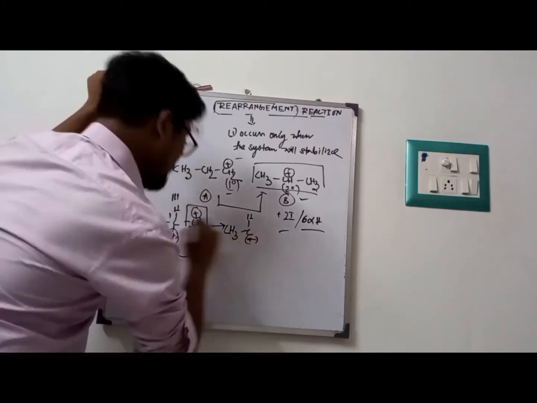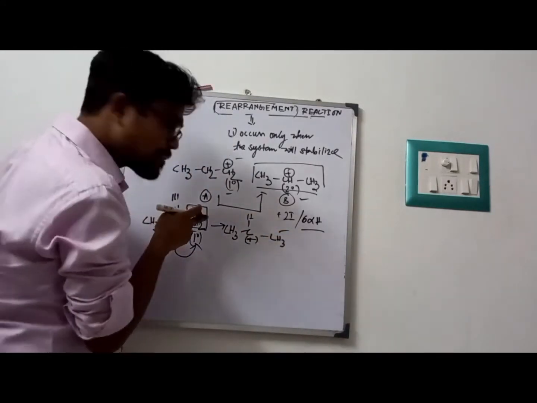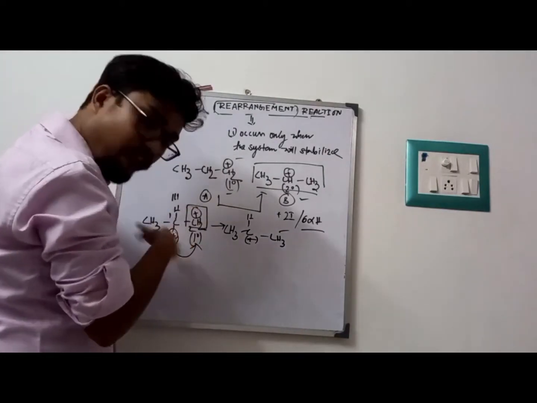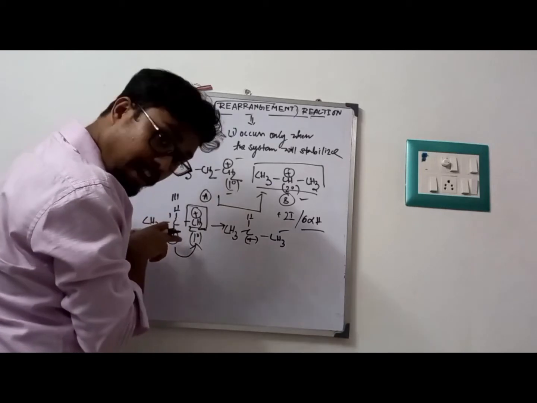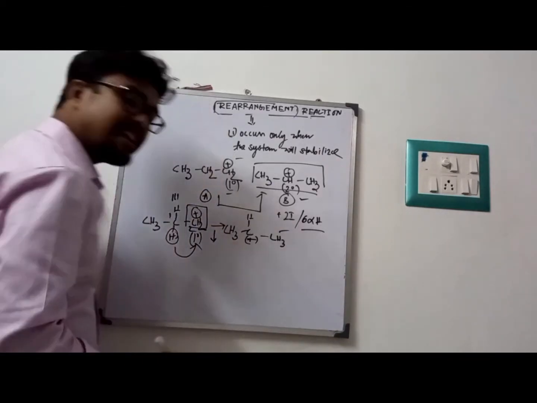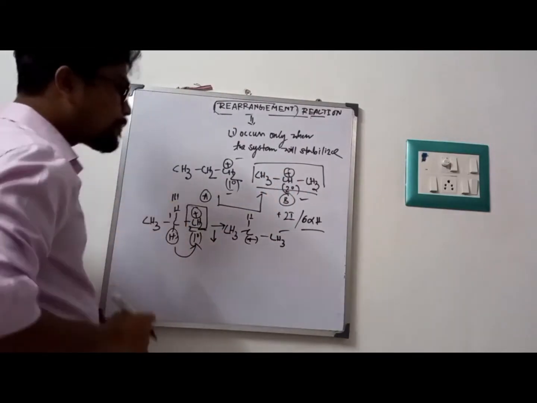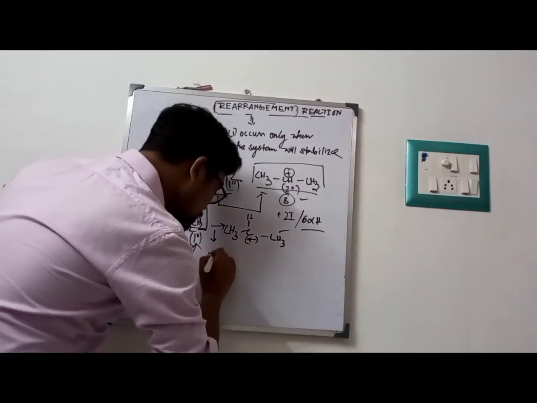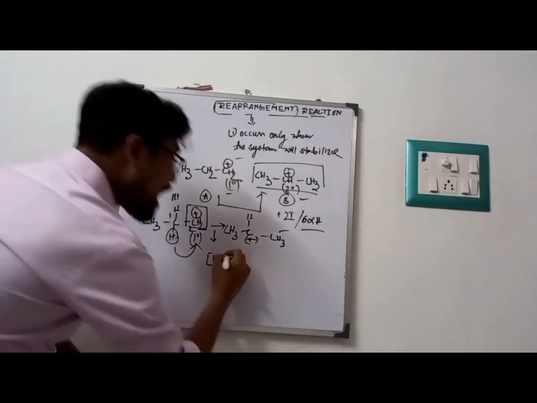Then this CH2 plus becomes CH3, because the deficiency is over because of the shift of hydrogen. Now what actually happened? Here hydrogen is shifting from 1 to 2. So this is a shifting or rearrangement of an atom. This type of rearrangement is known as a 1,2 hydrogen shift.